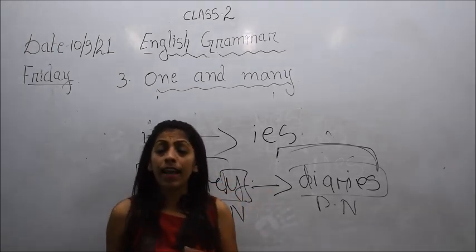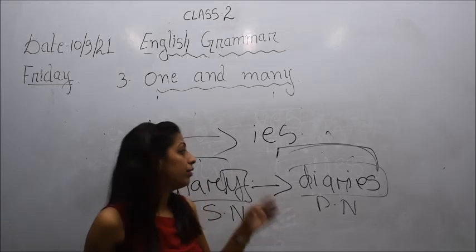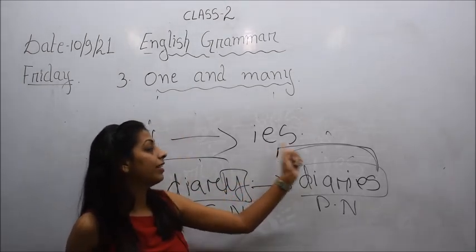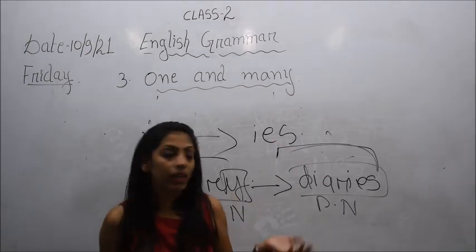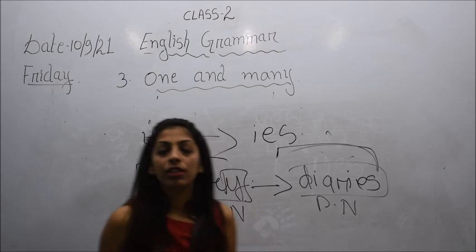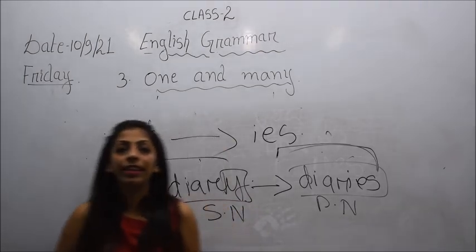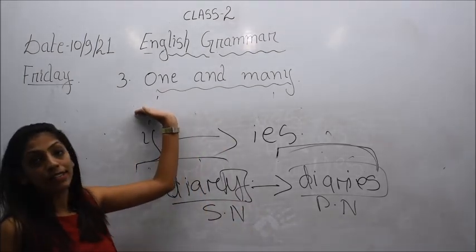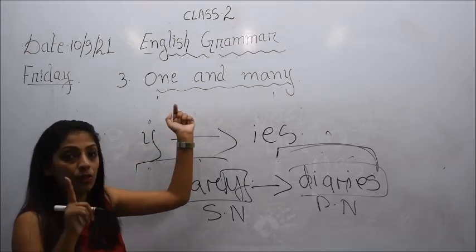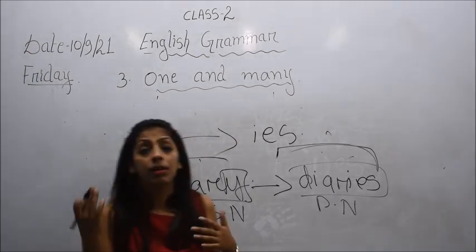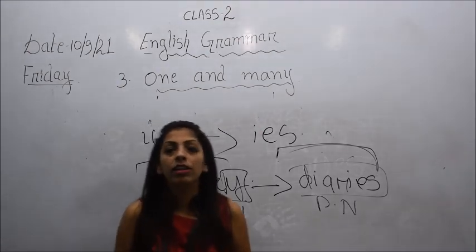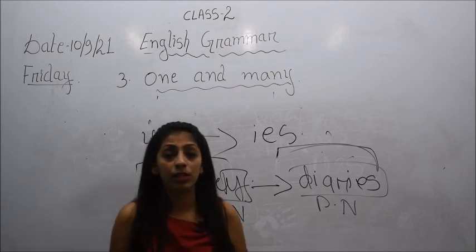And then there are also several words which end with Y, and there you have to add IES to make the plurals of them, like fairies, diaries, all these things. So children, this is all there in your lesson number 3 of your grammar, that is one and many. One means something which is only one in number, and many means something which is more than one in number, okay children. So only this much for today.